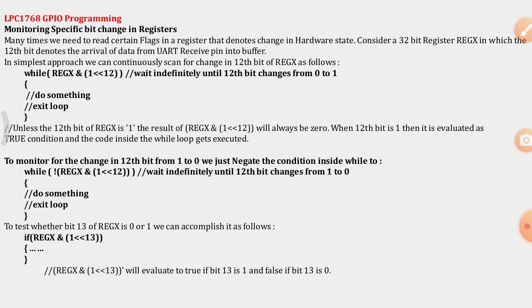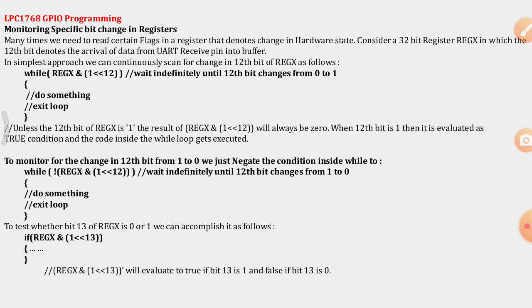So, monitoring a specific bit change in a register. Many times we need to read certain flags, certain pins in a register that denote a change in hardware state. Suppose we consider a 32-bit register regx, in which the 12th bit denotes the arrival of data from a UART receiver pin into the buffer.